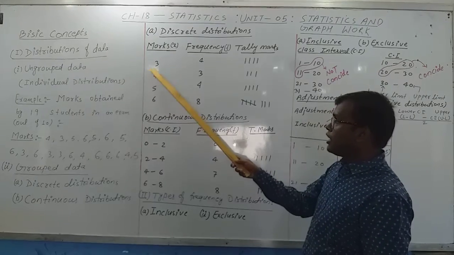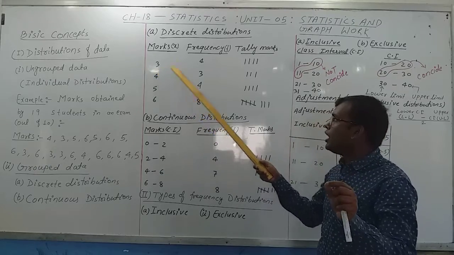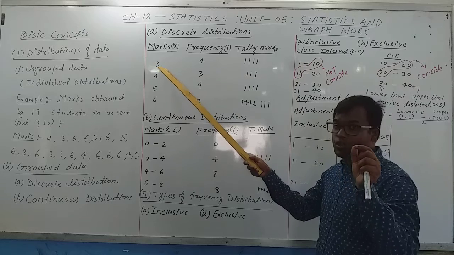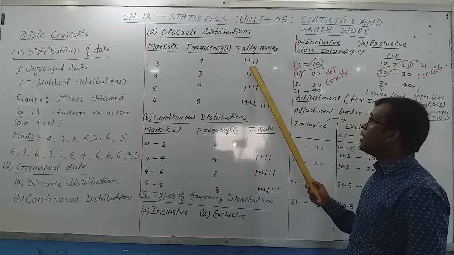That means students who get 3 marks, there are 4 students. So the corresponding tally mark is 4.